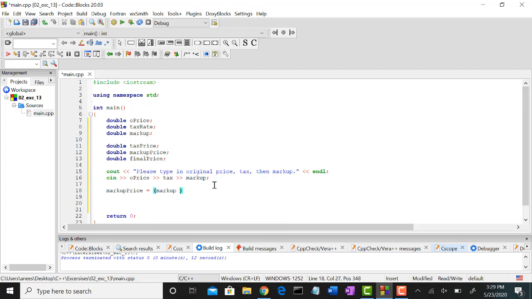The reason we are converting it into a decimal is because the user will input a percentage, and the percentage will have to first be converted into a decimal. And the markup price will be the markup times 0.01 times the original price.